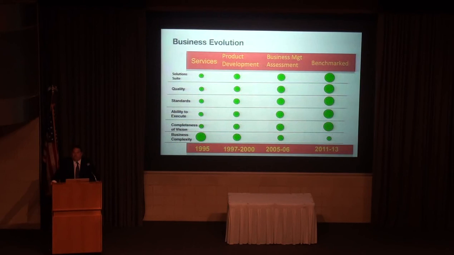And the evolution of No Magic's business over time, our solutions, our quality, our standards, our ability to execute, and our completeness of vision have all increased over time. And these are now benchmarked with some things in the industry. Like I said, we have been told that we are the only addition to Gartner's Magic Quadrant for business process analysis for 2011. Any day now they're going to announce so we can see where that position is.